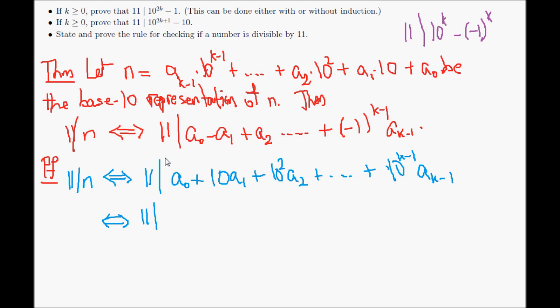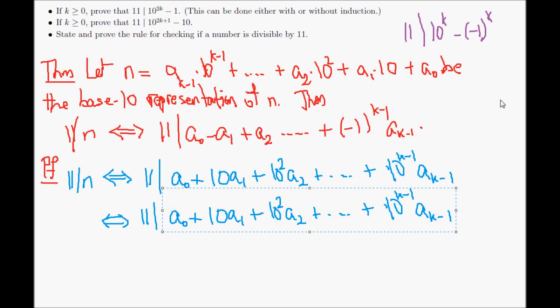So let me copy this directly. Minus, well, according to my rule here, if I take 10 to the first minus negative 1 to the first times a sub 1, that is clearly a multiple of 11. In fact, it is 11.